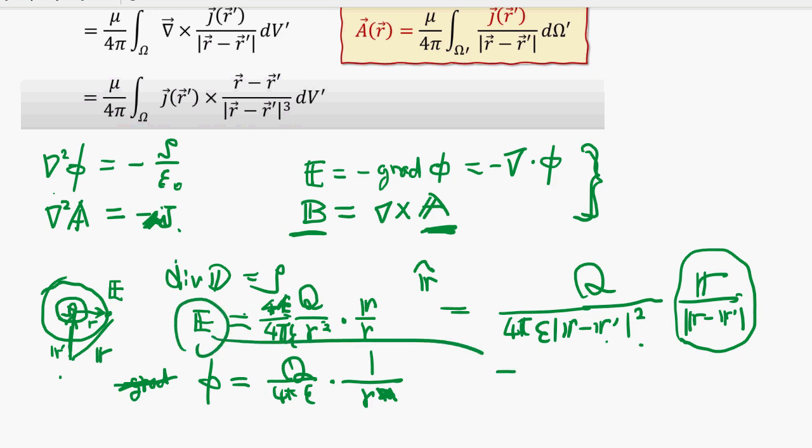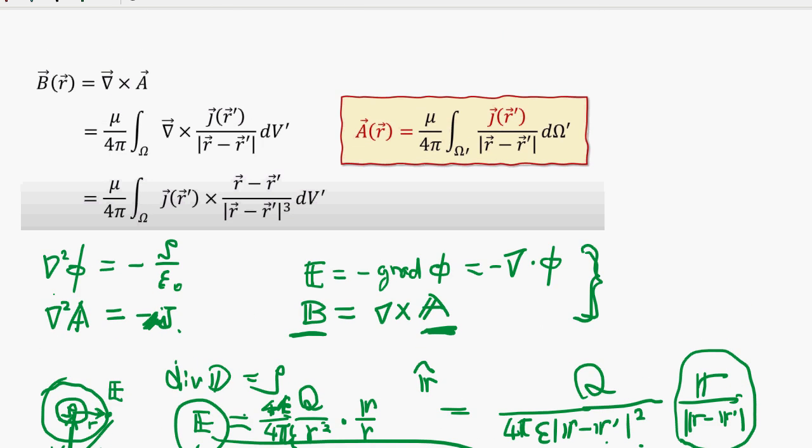E is negative gradient of phi. So the phi should be this form. So you can guess what the vector potential is for this.